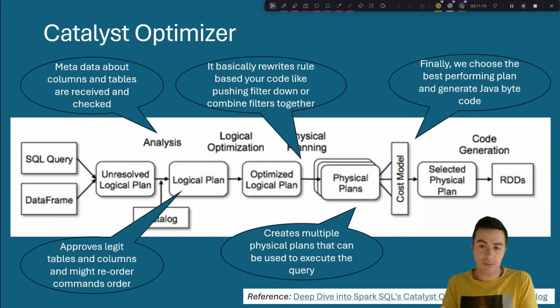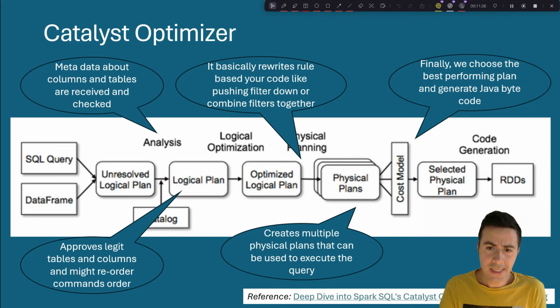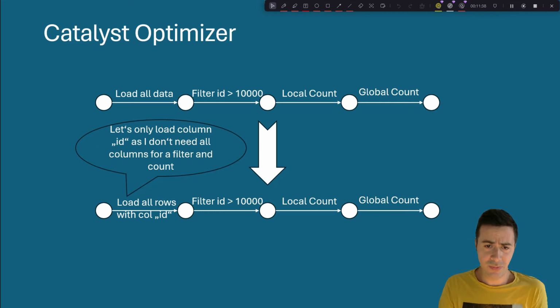Then we have a cost model where the less expensive physical plan is used. And then Java code is created, and the RDDs, the core structure of Spark, are executed in the background.